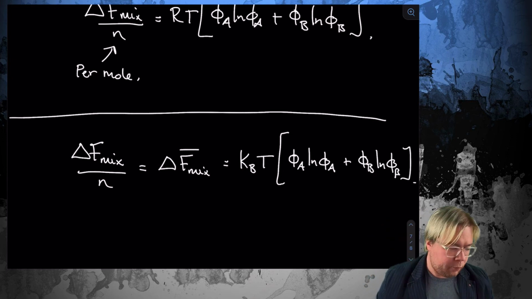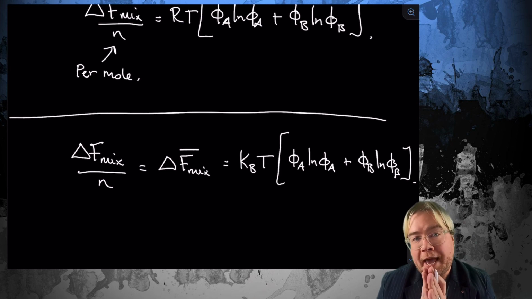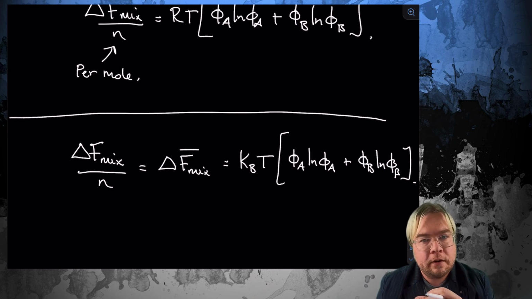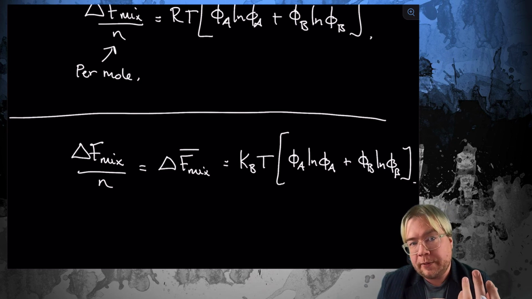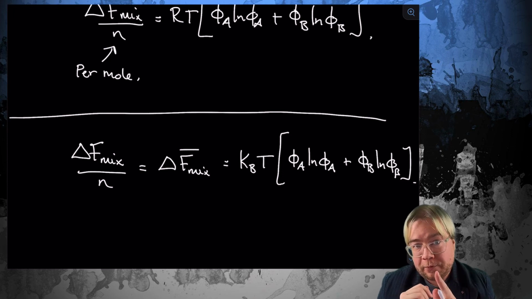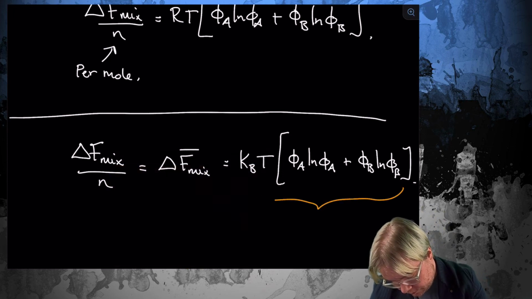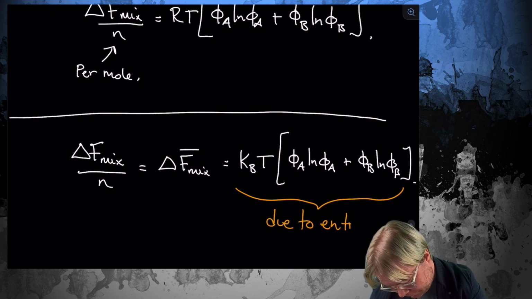And where did we start this conversation? We asked the question, if I mix these two things together, or I should say if I combine these two things together, will they mix or will they demix? That was the question I asked. Remember that this expression is due to entropy.